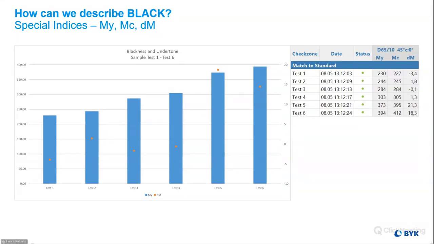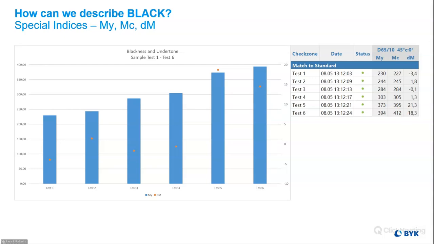And in the table, you see instead of the LAB values, now the indices MY, MC, and DM. MY is now between 230 and around 400. And for MC, you see a similar picture.